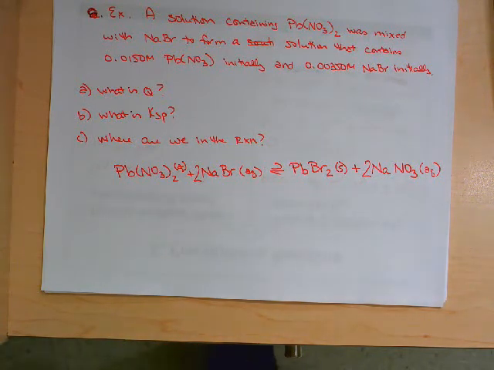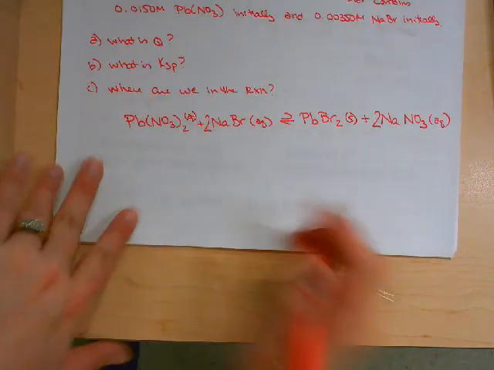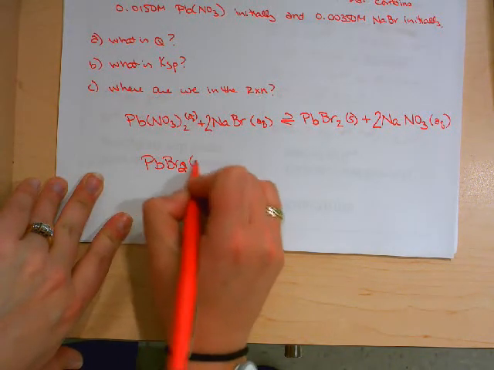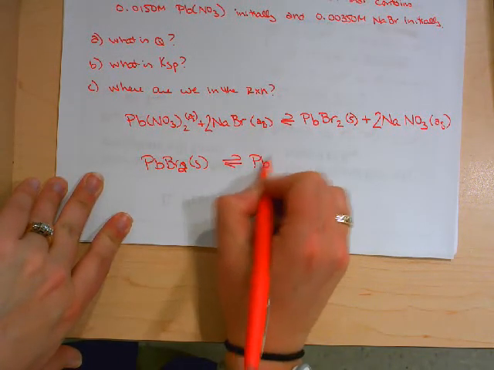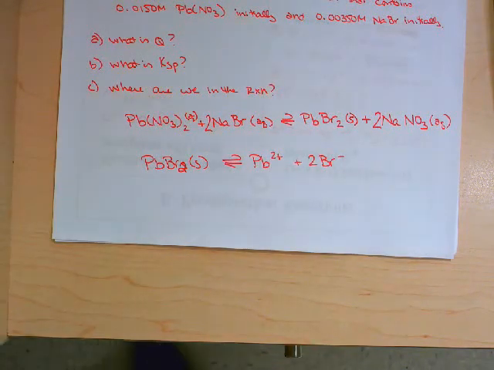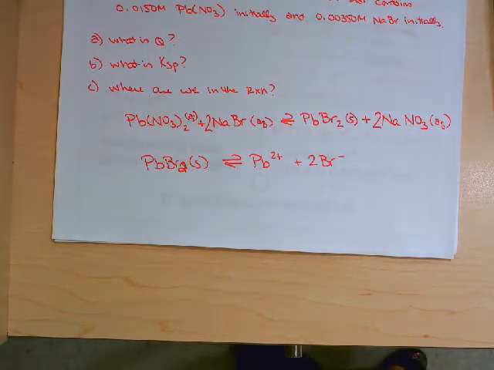If I'm concerned about solubility, which is the solubility of a solid, what is the only thing I have to worry about? Everything else is just hanging out in solution, spectating, not doing anything.